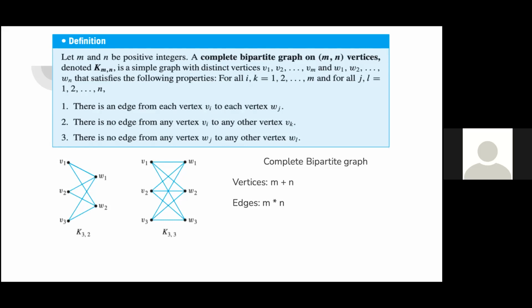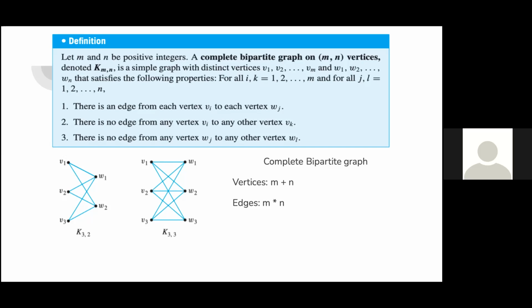As in the definition, this graph is denoted Km,n, where m is the number of V vertices, which we assume are in a set A, and n is the number of W vertices, which we assume are in set B. A complete bipartite graph must satisfy those three statements. There is an edge from each vertex Vi to each vertex Wj.